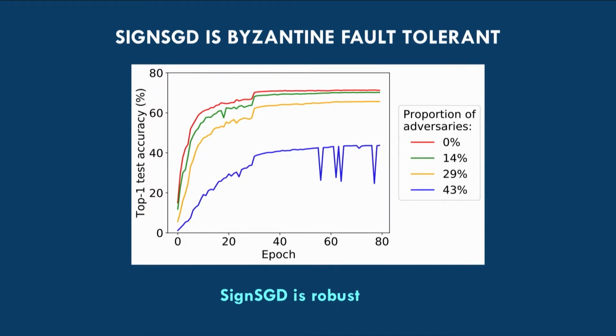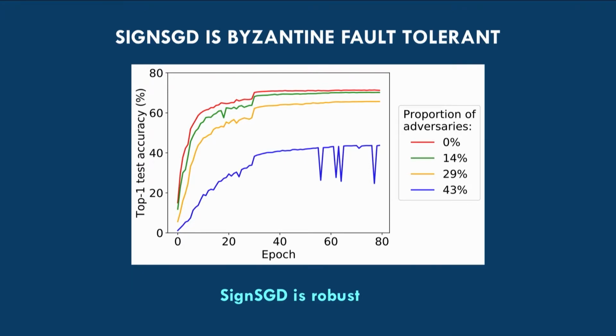It turns out SignSGD is also Byzantine fault tolerant. Intuitively, if you're doing just stochastic gradient descent, one machine or one processor can have a large influence, and hence, if it is adversarial, it can really mess up the results. But if you're only sending the sign, that's not possible. With our analysis, we show it's possible to be as much as 49% Byzantine fault tolerant.